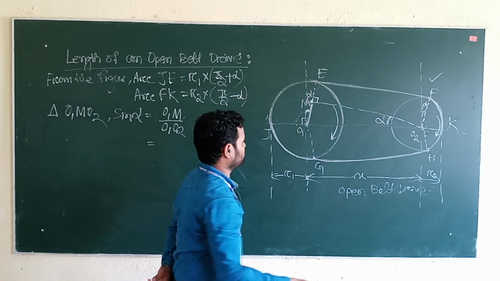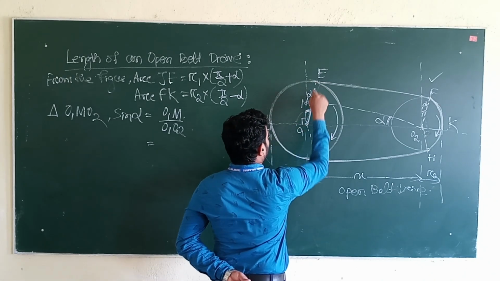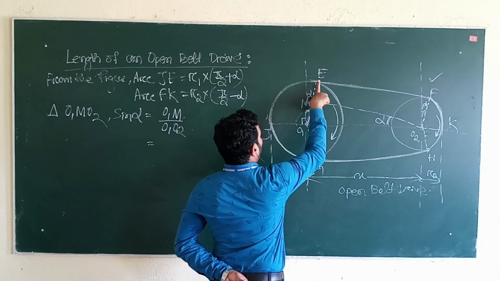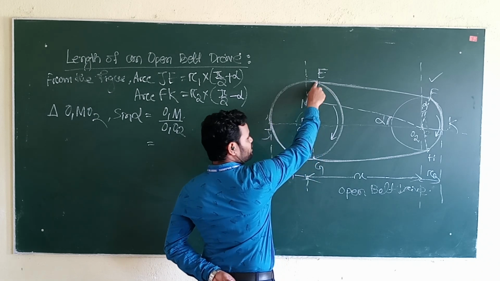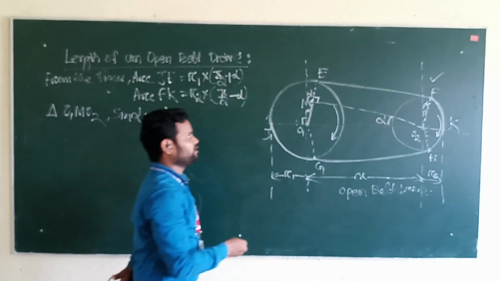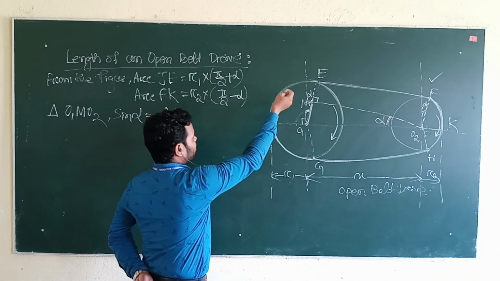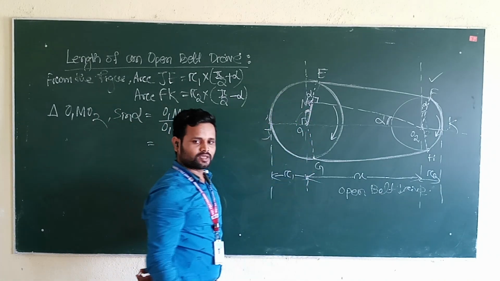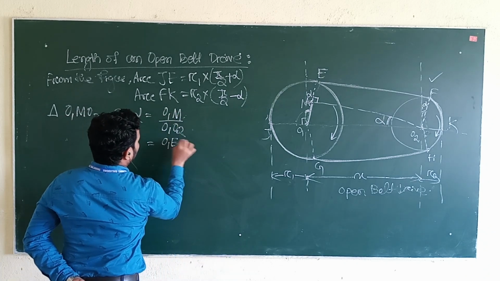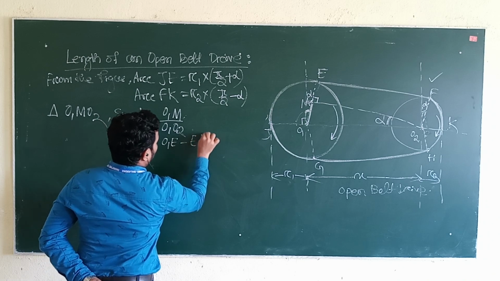If we subtract ME from O1E, the larger part is O1E, the smaller part is ME. If you subtract ME or EM from O1E, we will get O1M. So we can write O1M equal to O1E minus EM.